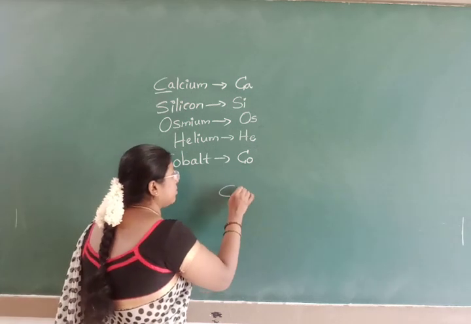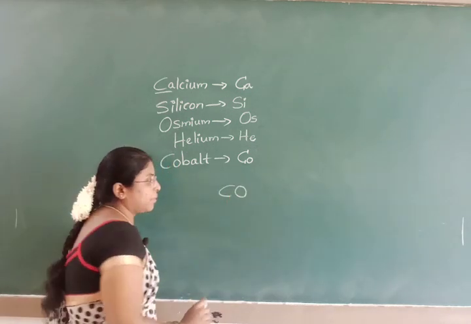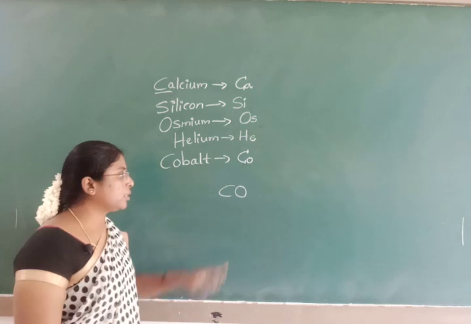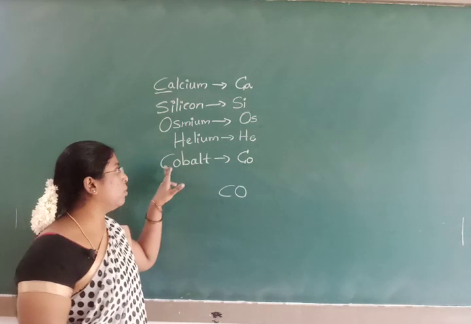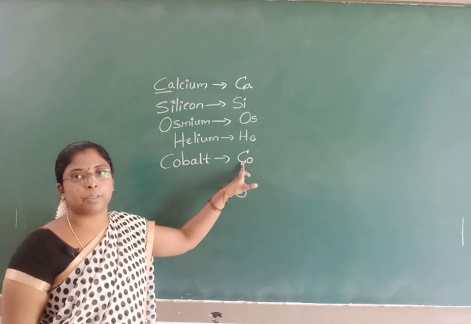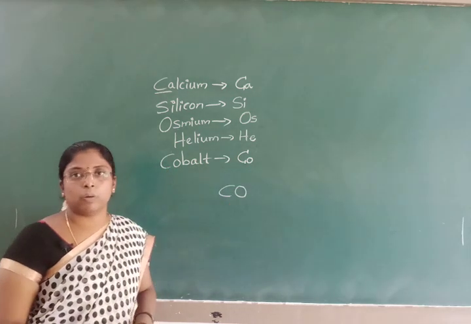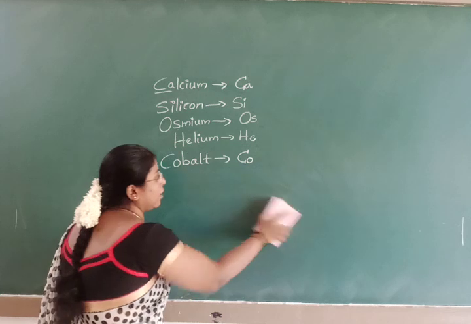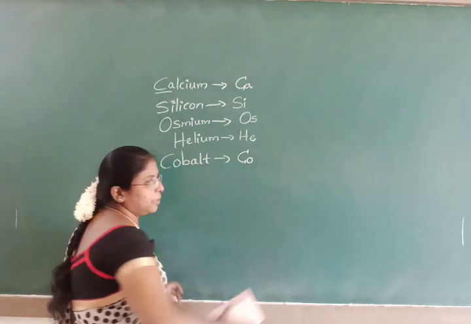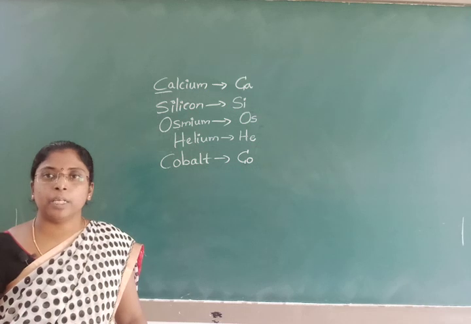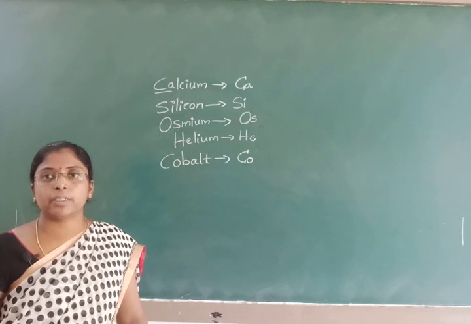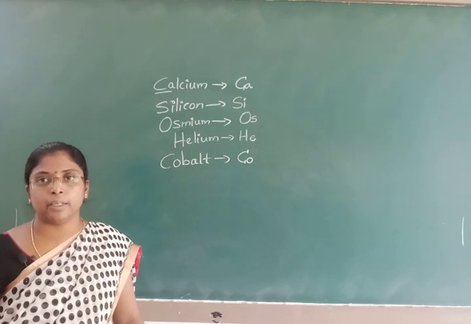If I write capital C and capital O, the C is for carbon and the O is for oxygen. Hence, cobalt is represented as capital C and small o. If I write capital C, capital O, it becomes carbon monoxide.